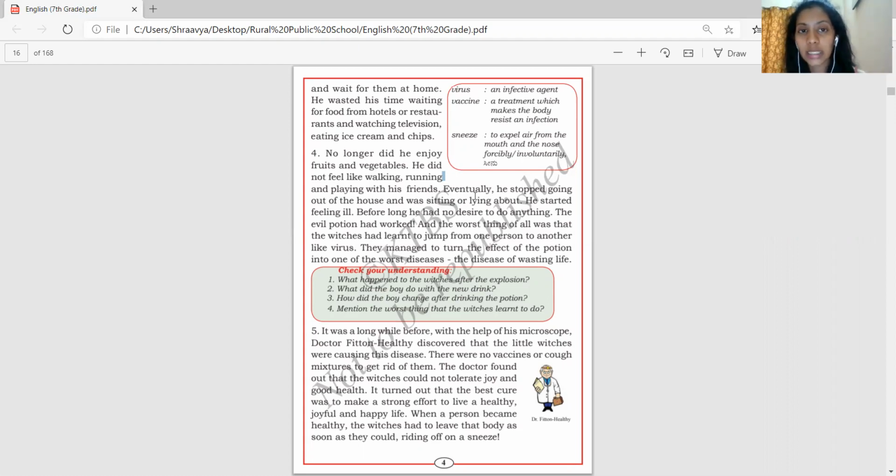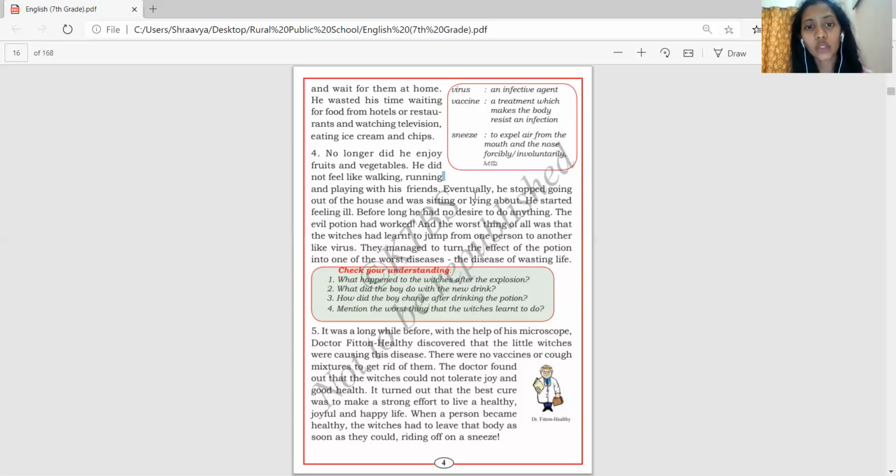It is pronounced antonym. Antonym means opposites like big and small. Like the witches became small. And what is the antonym of healthy? It means ill. So because he was not healthy anymore, he fell ill.